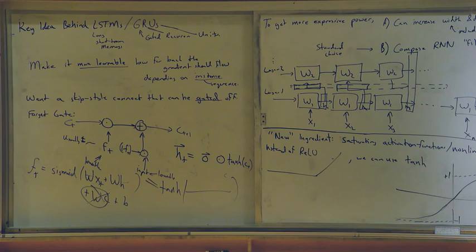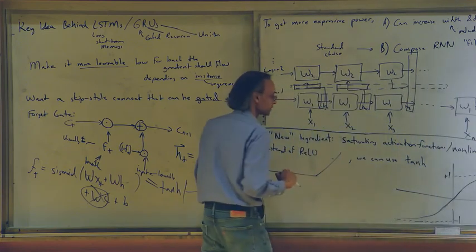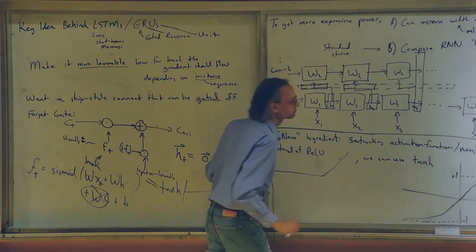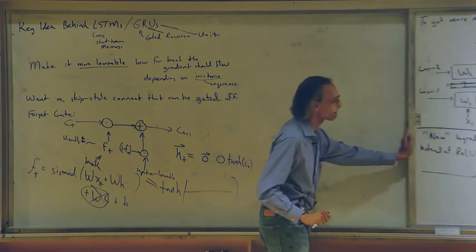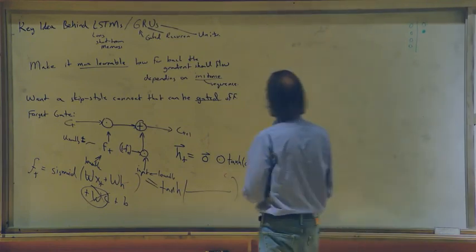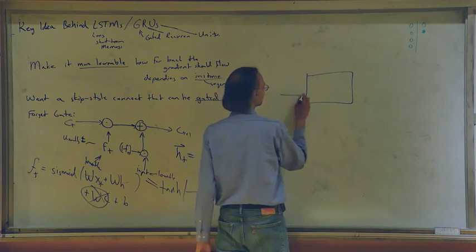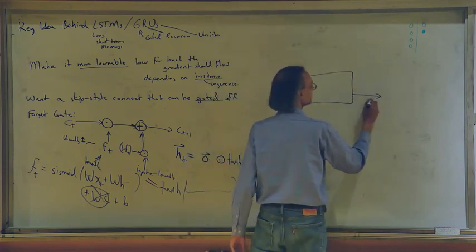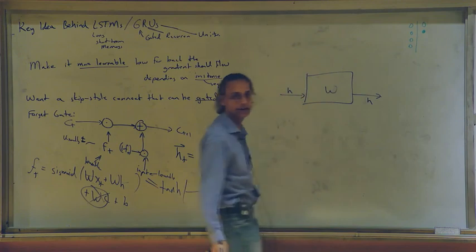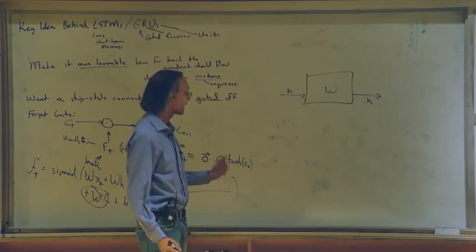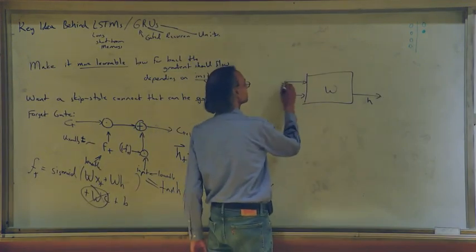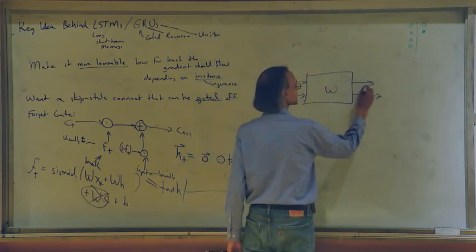Yeah. So it's really tricky, right? What's actually happening here, so I'm going to push this aside, is you have a box. Before we had H, some learnable weights, H would go in and H would come out, right? And now you also have C. Context comes in and context comes out.